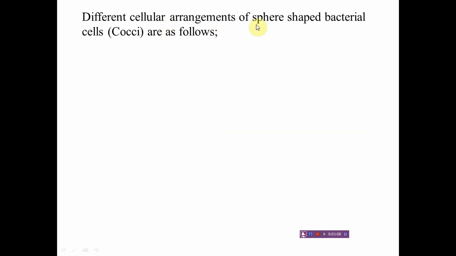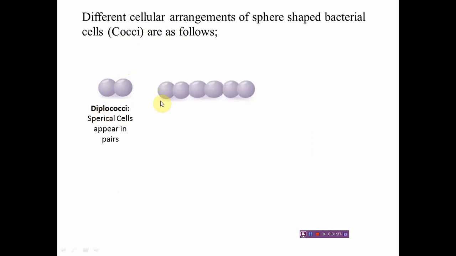Different cellular arrangements of spherical bacterial cells or cocci are as follows. Sometimes the cells exist as a pair. This arrangement of cocci is called as Diplococcus arrangement. Example is Diplococcus pneumoniae. Sometimes the cell exists as a chain.